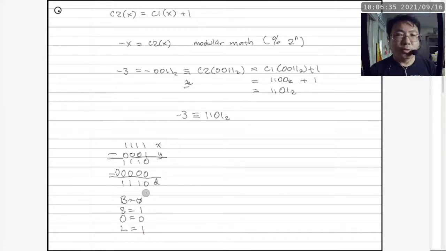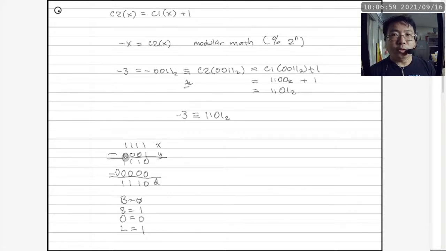Alright, so why is it the case? I'm just going to go through this, but this time rather quickly because we have already talked about this in the previous 2 examples. B is T4, which is this 0 over here. S is D3, which is this 1 over here. O is a 0 because Y and D are different to begin with.